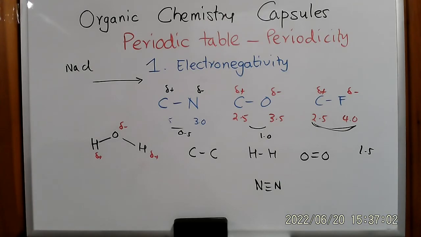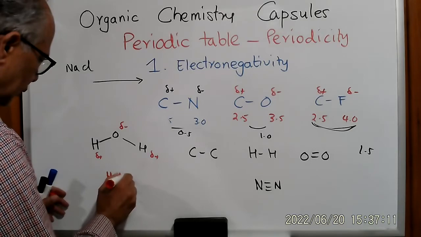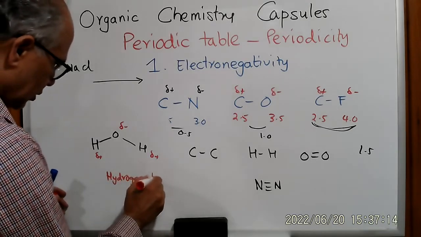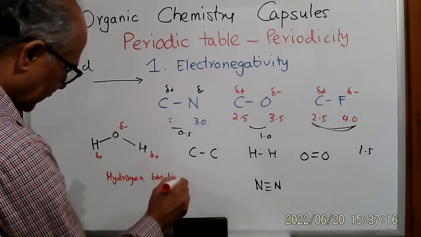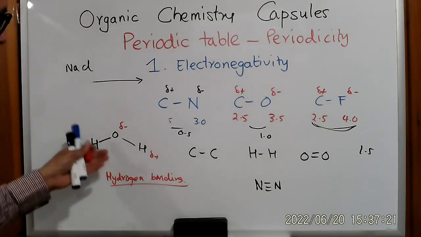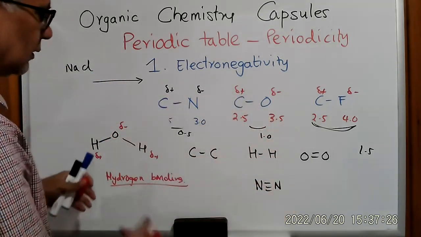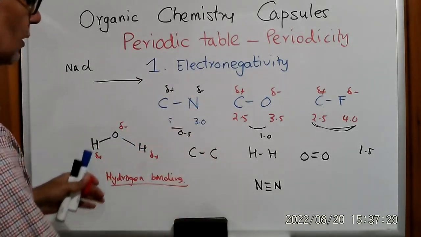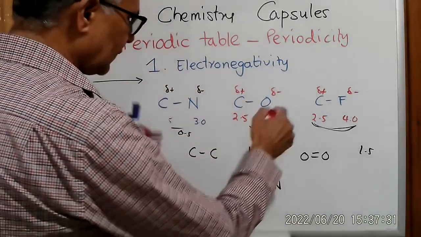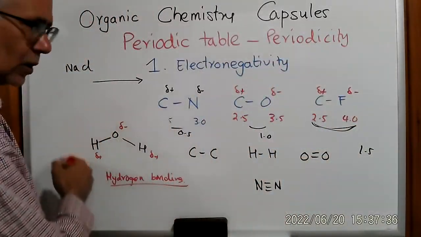Again, polar covalent bond, and this phenomenon in the water molecule gives rise to hydrogen bonding, which I'm sure you know from previous classes. Because of the extent of hydrogen bonding, the boiling point of water is quite high, as we know. So the fundamental reasons for all the phenomena we see are here: the electronegativity differences and the polar covalent bonds.